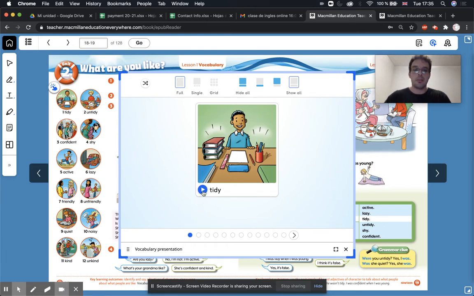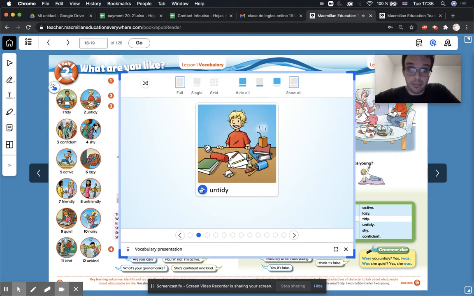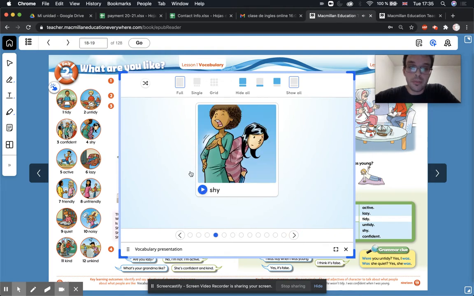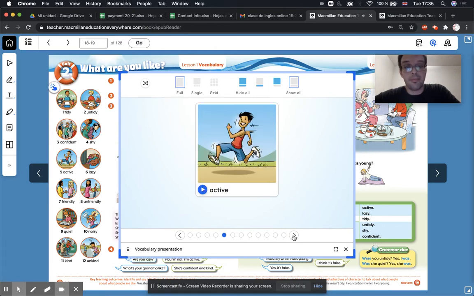We have tidy, and desordenado, untidy. Confident and shy, tímido. Active.